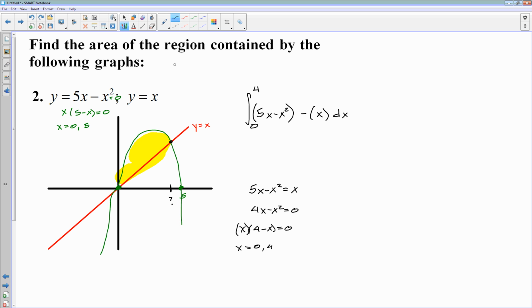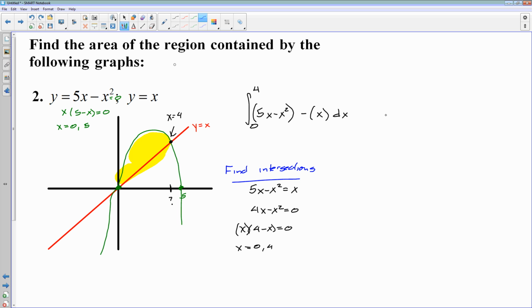So our region goes from x equals 0 to x equals 4. It's pretty common to have to do this: find the intersections of the two curves by setting them equal to each other.